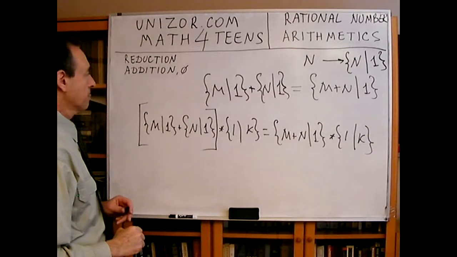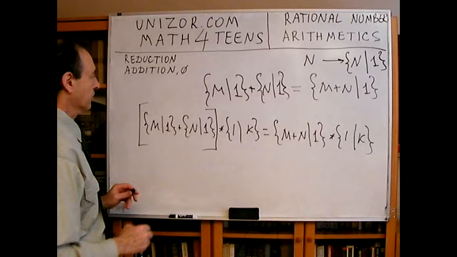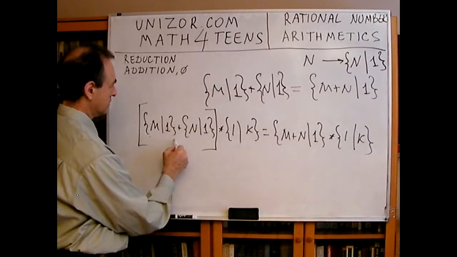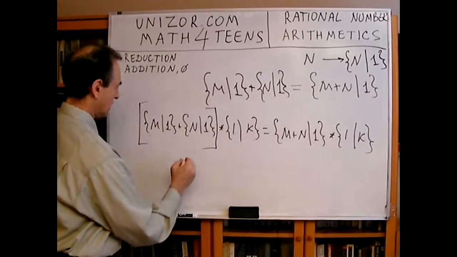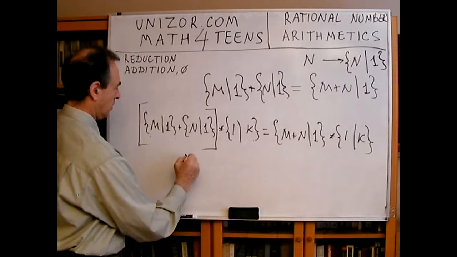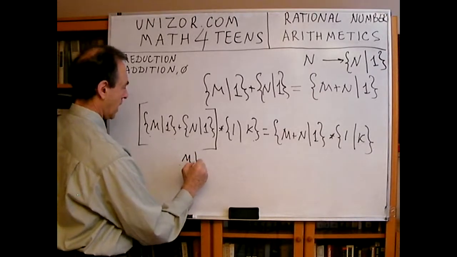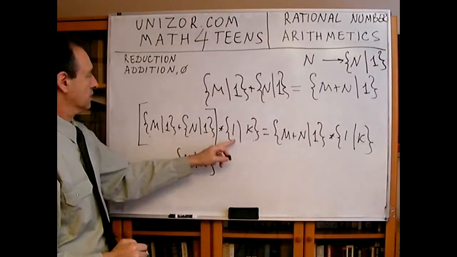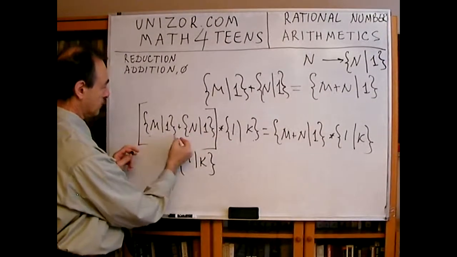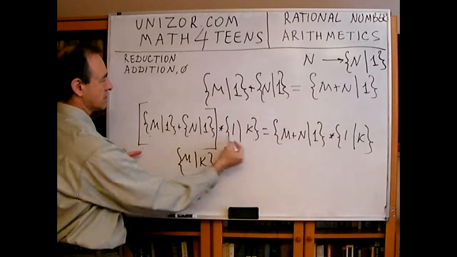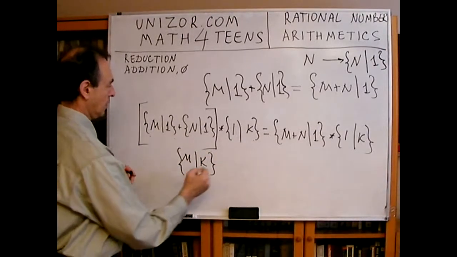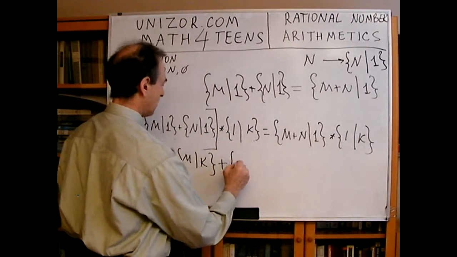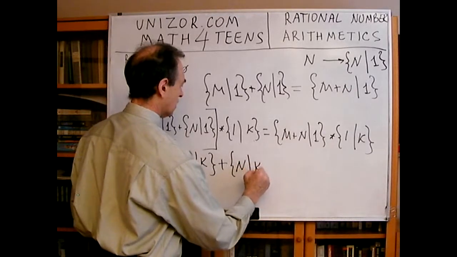Okay, now the distributive law says that I can multiply the first, m over 1, by this, and that will be what? It will be m over k. So m over 1, according to the distributive law, I'm multiplying the first of these two numbers by the multiplier, plus the second one. n over 1 times 1 over k, by the definition of multiplication, is this.